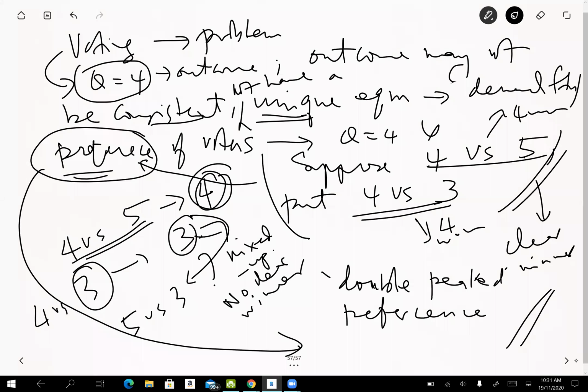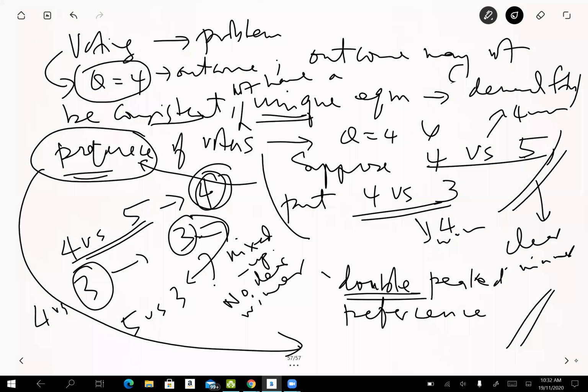For the rest of the period, we're going to look at this kind of problem with voting, where you may have an inconsistent outcome. The reason is the problem with the preference of some of the voters. Some voters may have double peak preference. So we are going to look at that concept afterwards. But now we're going to go through this model where you may have an inconsistent outcome.